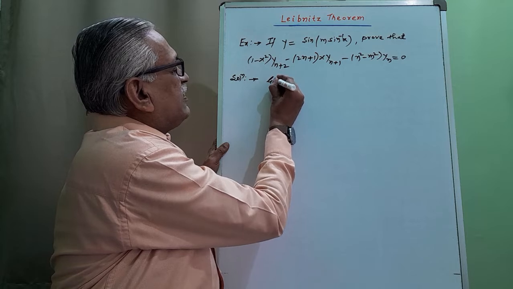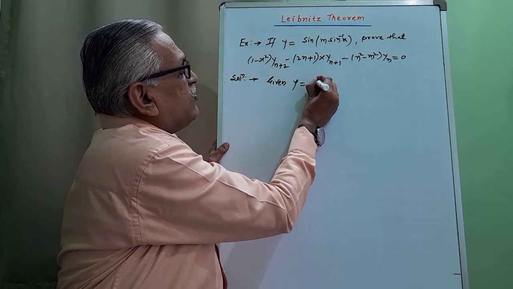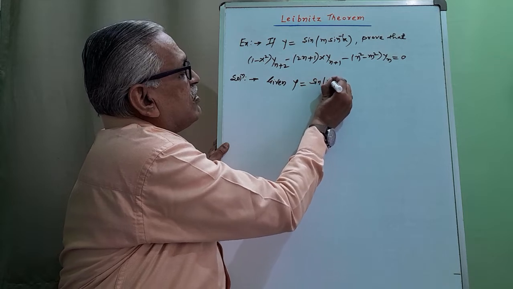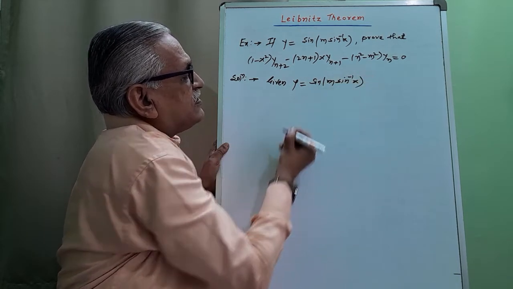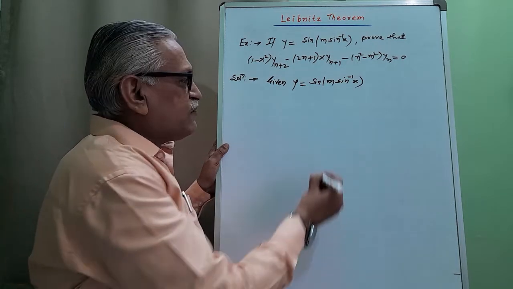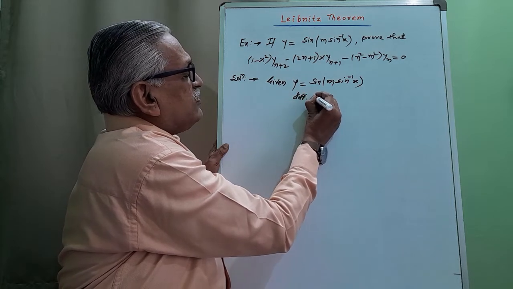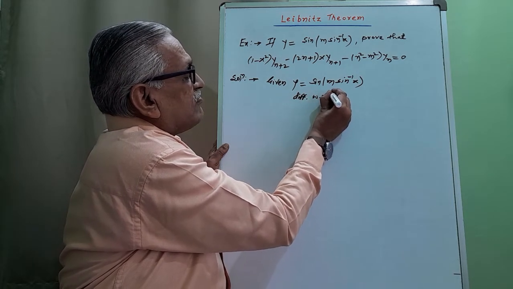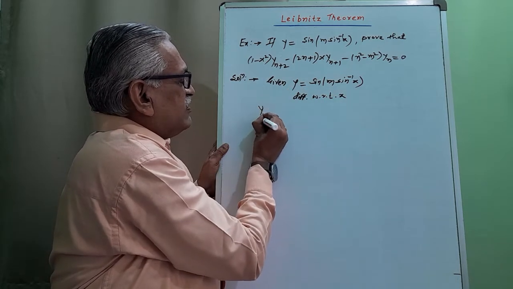Therefore, here given is y is equal to sine of m sine inverse of x. It is a function of a function. Therefore, differentiating it with respect to x, applying chain rule, the derivative of y is y1.